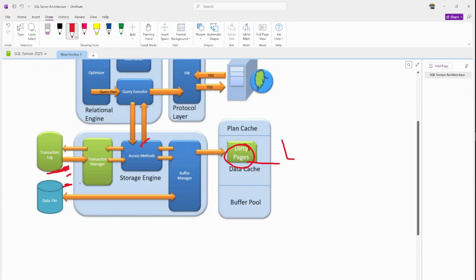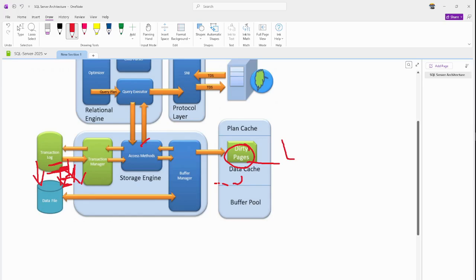It identifies transactions that were committed, but whose changes had not yet been written from the buffer to the data file. It replays these actions to ensure the data is updated. So a redo will be done from the log to the data file, so that whatever is present there is written into the data file.